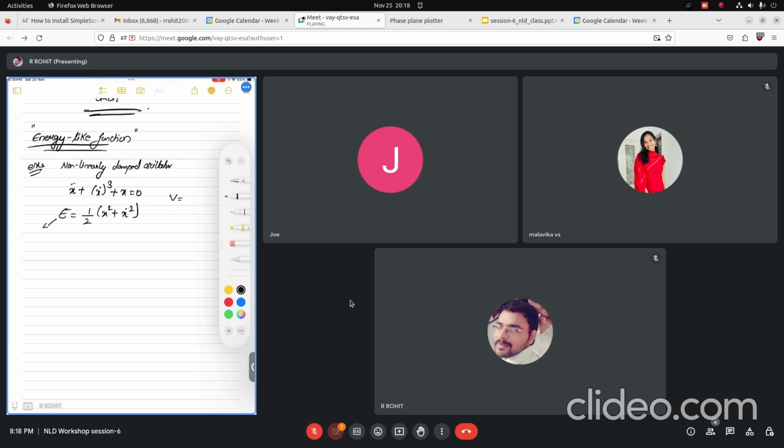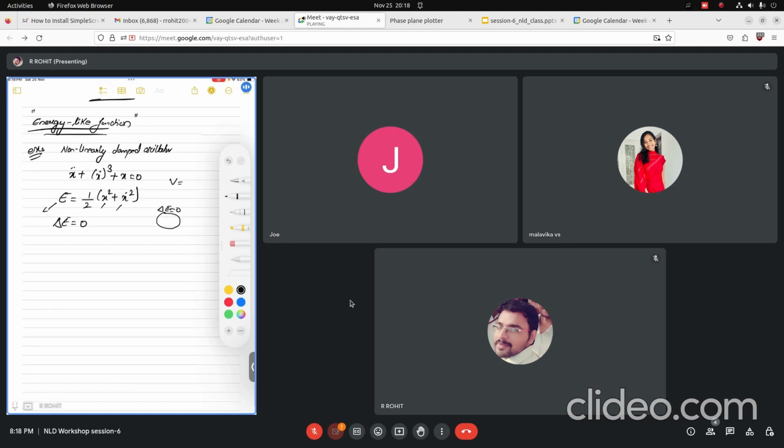Now over one cycle, if x and x dot return to their starting values, then the net energy change will be 0. If they start with some energy and come back to the same energy level, then the net energy change will be 0 around a closed orbit.